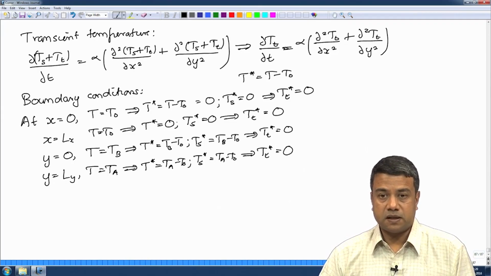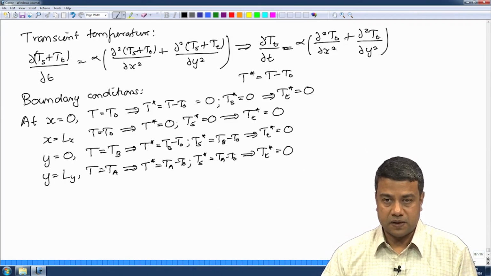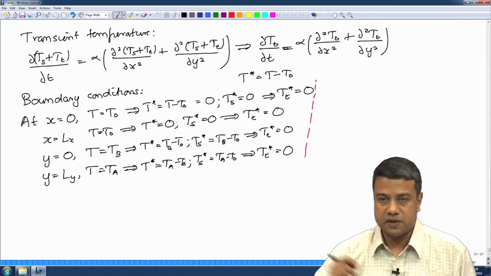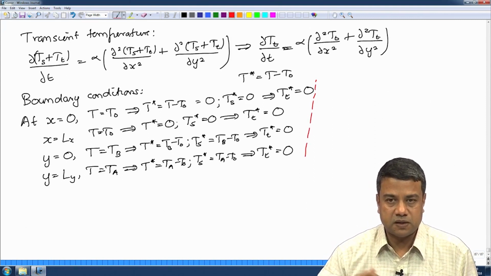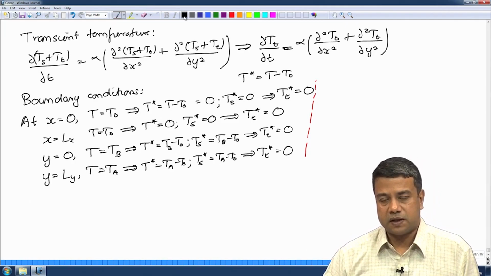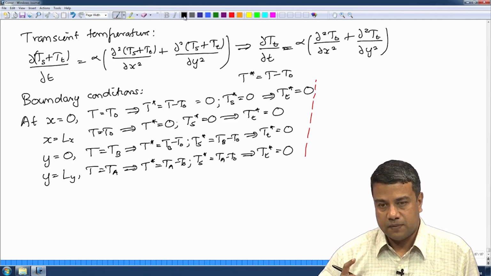So, when expressed in terms of the departure from the steady temperature, the transient part has 0 temperature boundary conditions on all spatial boundaries. It does not have 0 temperature boundary condition at time t is equal to 0.